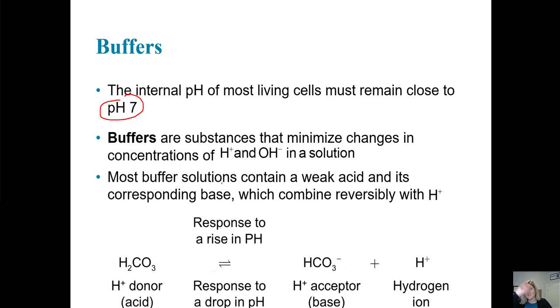When the pH is too high, it has the ability to accept hydrogen ions in the solution. So this is going to allow it to survive slight changes in the pH by either accepting the hydrogen or getting rid of the hydrogen.